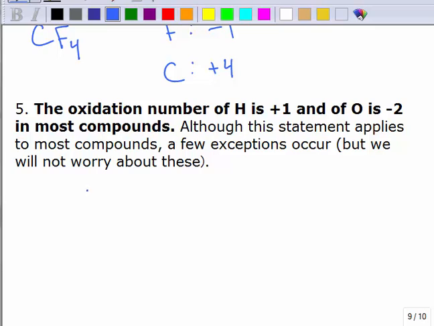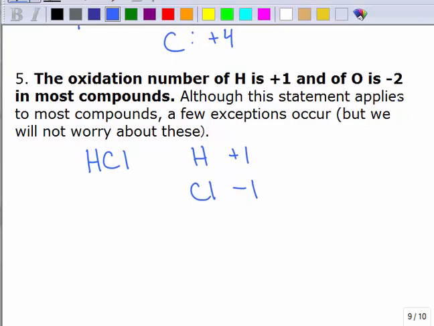So when we have hydrogen in an acid, for example hydrochloric acid, the hydrogen is +1, and the chlorine is going to be -1 because they balance. Oxygen is usually going to be -2. So in water, H2O, hydrogen is +1, and there are 2 of them, and our oxygen will be -2.